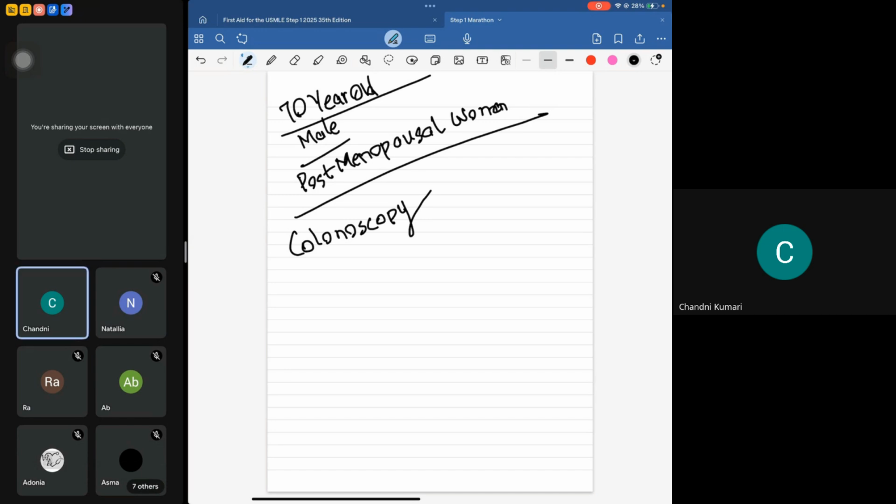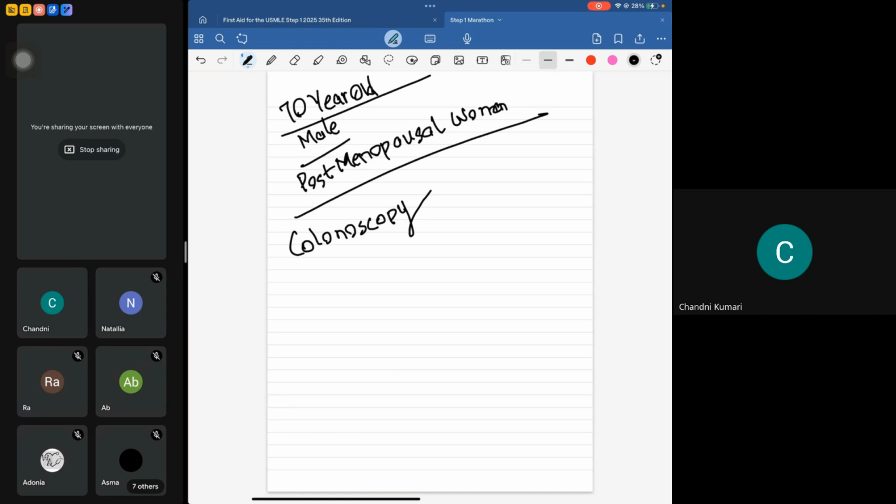Doctor, I have a question. If there are no symptoms of carcinoma or tumor present, can we still go for colonoscopy? Yes, this is a very important thing. Colonic cancer usually does not present early, and you are not going to have any symptoms.